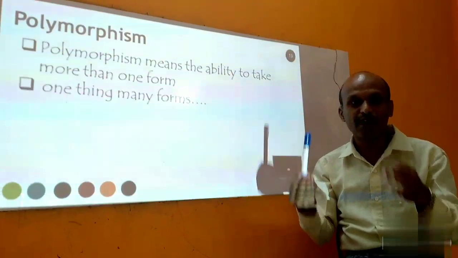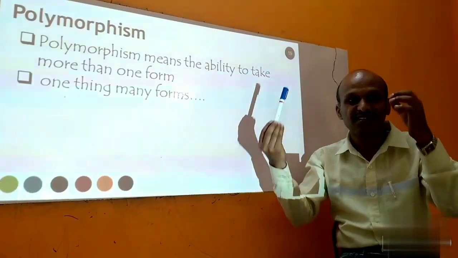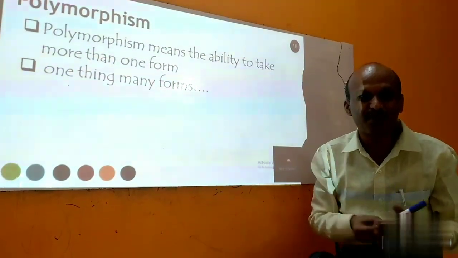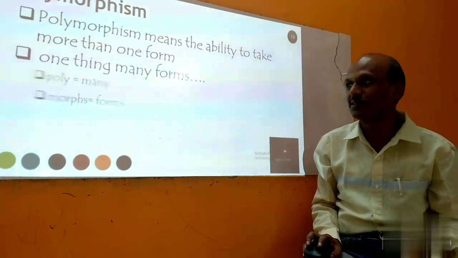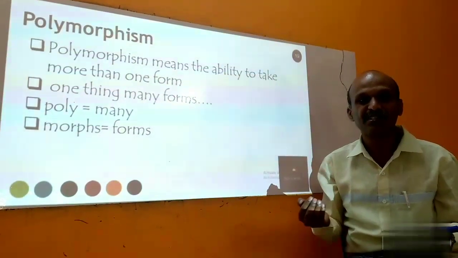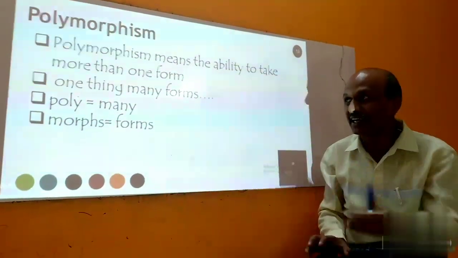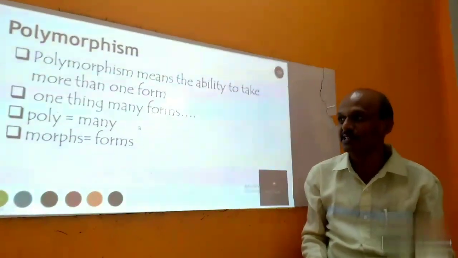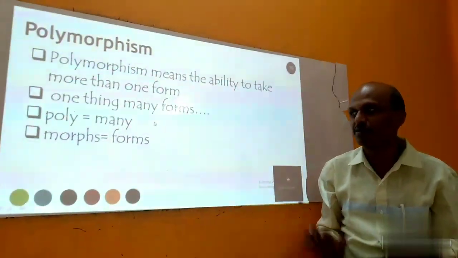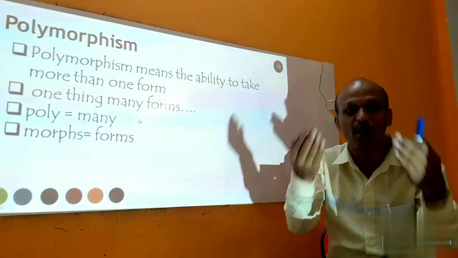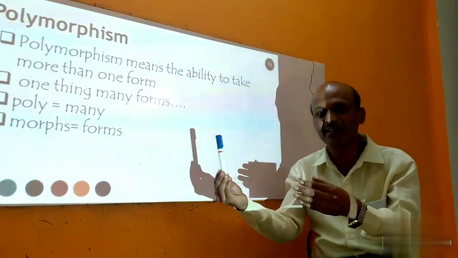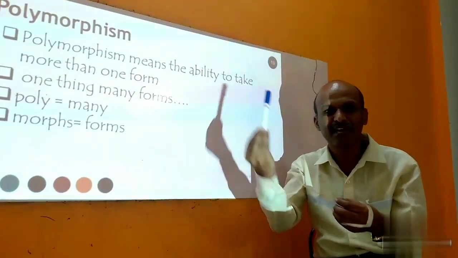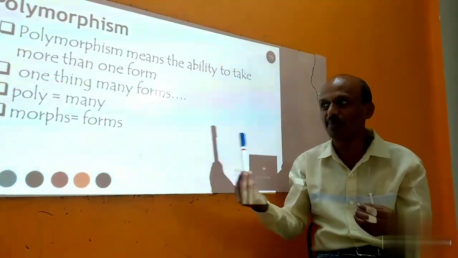So whenever one object, one function, one variable is taking many forms in programming, it is called polymorphism. Polymorphism is a Greek word. When we break it, poly and morphs. Poly means many, morphs means forms. When one thing is taking many forms, one pen, pointing device, writing device, same pen as a weapon, that is polymorphism.